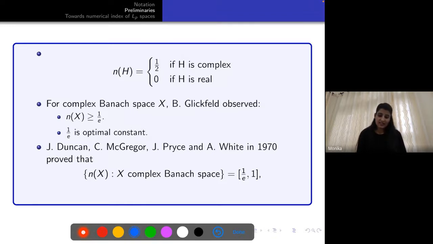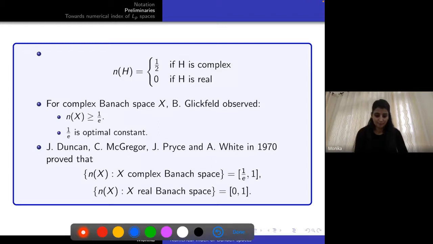And for the real case, the set of numerical indices of real Banach spaces is the interval 0 to 1.